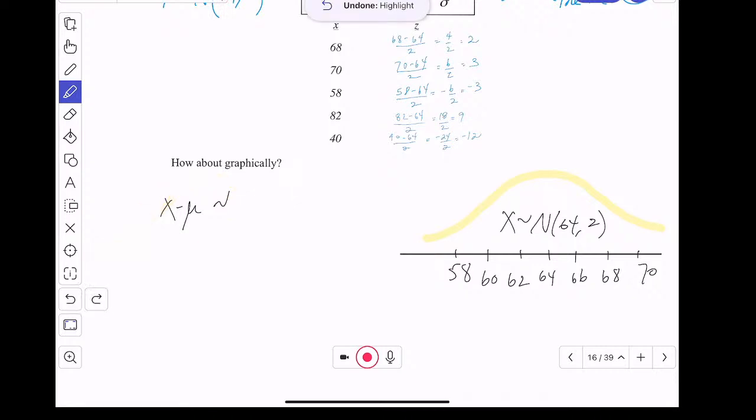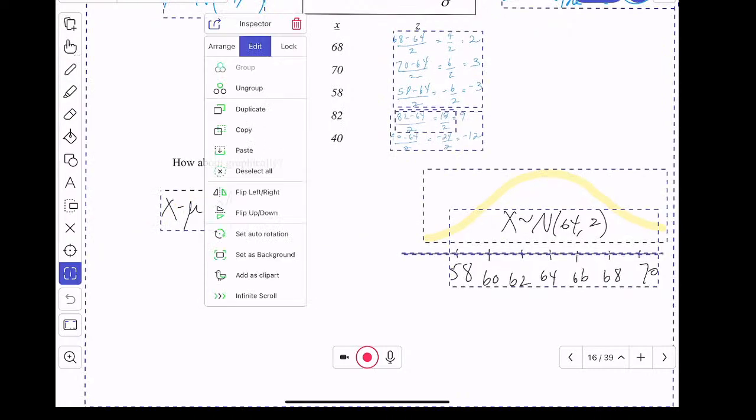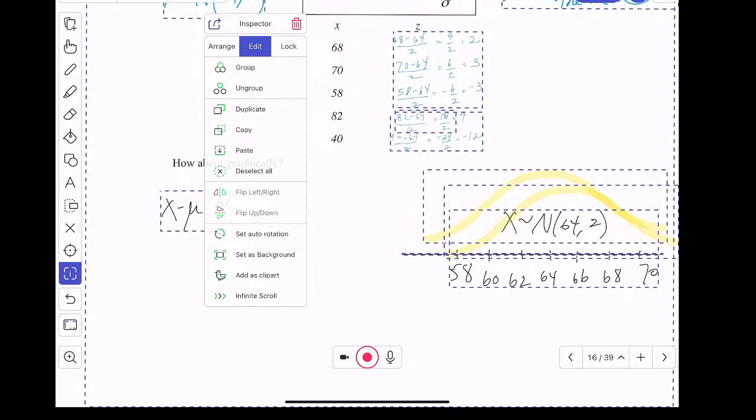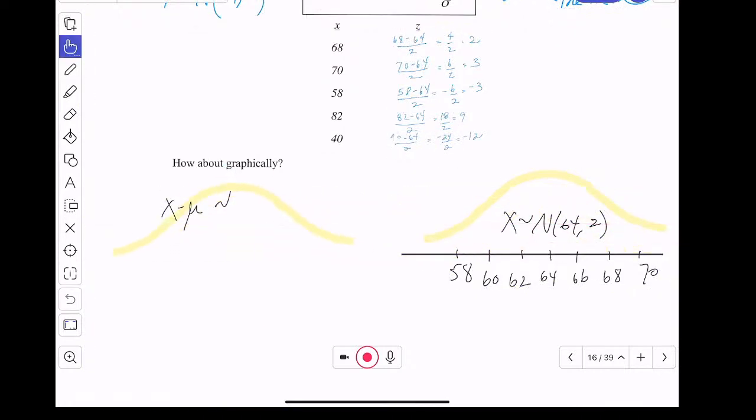Maybe I'll just duplicate it, see if I can duplicate. I did it. Okay, so now I've shifted it over.